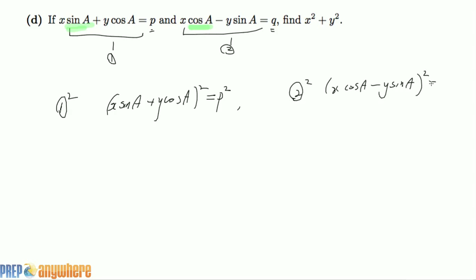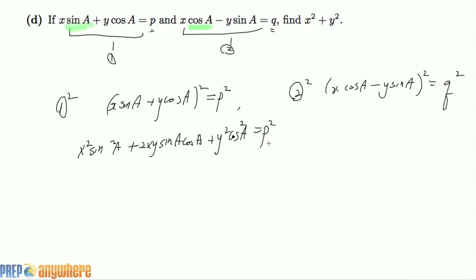This is a reasonable thing to do because we ultimately want x squared plus y squared, and when we do this, we're going to get an expression of x squared and y squared in both equation 1 and 2. So let's expand, and we get x squared sine squared a plus 2xy sine a cosine of a.